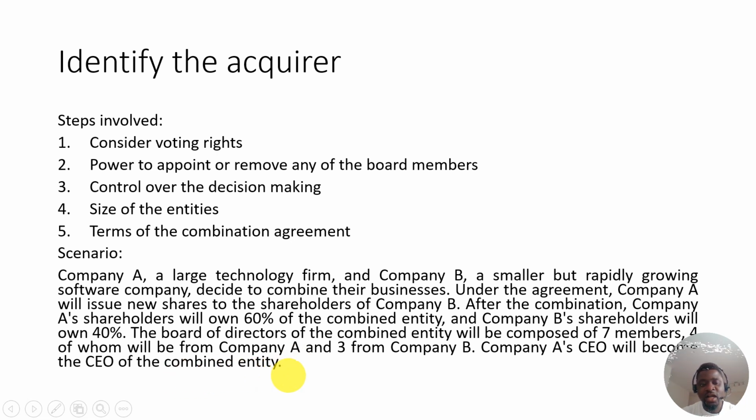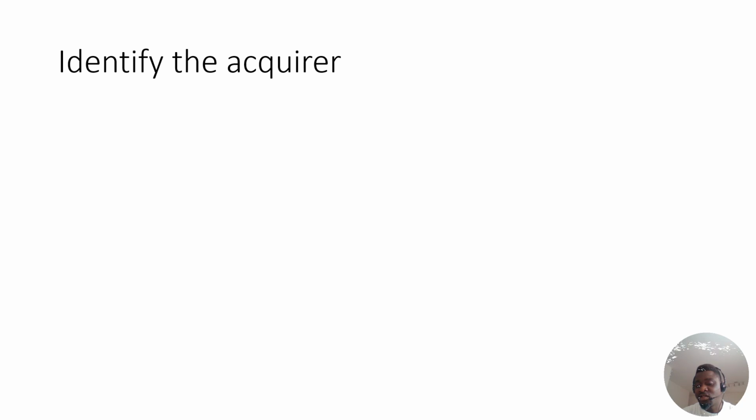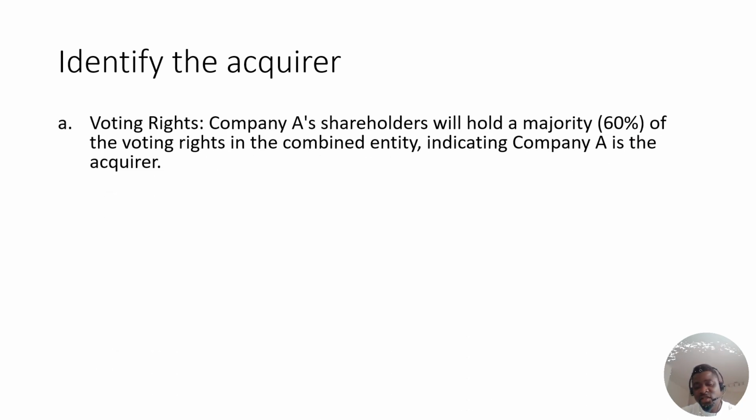So let's now look at those steps that we mentioned and see how we can use those steps to see who the acquirer is. So the first thing is the voting power. We said company A shareholders will hold 60% of the voting rights in the combined entity.